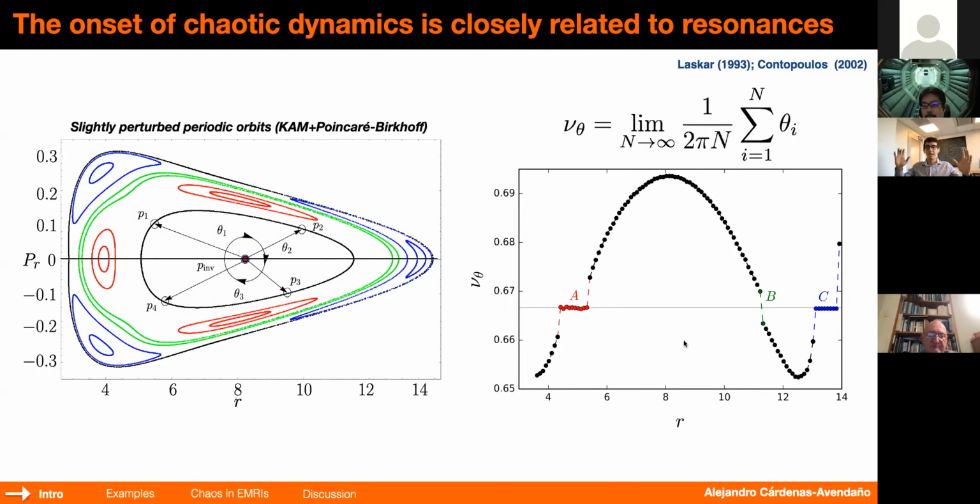So just to summarize so far, we have the trajectory in physical space. We can go to phase space, look at these signatures, which will reveal a signal that the system is not integrable, but I can also extrapolate all that information to this one-dimensional curve. And whenever I see this type of signature, like a plateau or an abrupt change, that signals non-integrability, and that's what I mean by chaos.